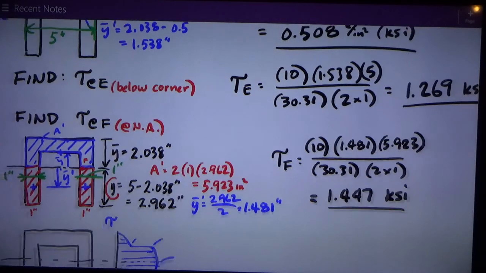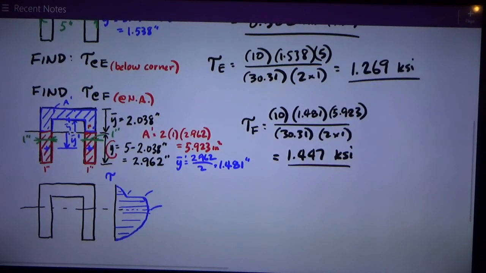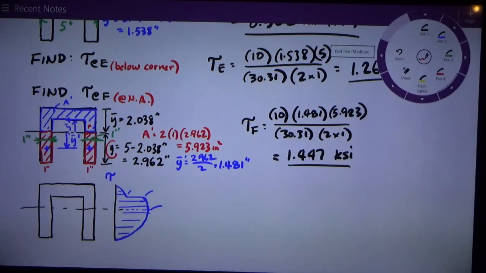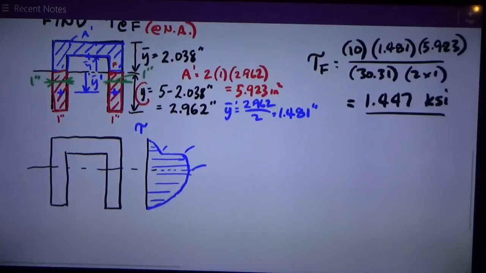Okay, it's interesting to plot these things on the cross section. Plot the shear stress as it varies up and down the section. At the top, I've got 0. At the bottom, I've got 0 shear stress because Q is 0.